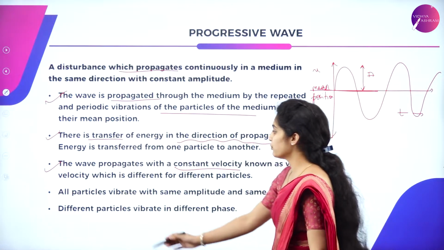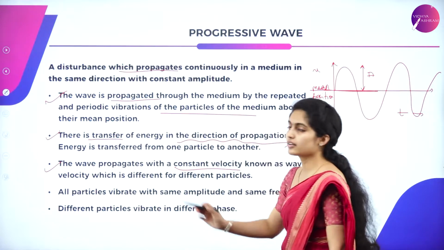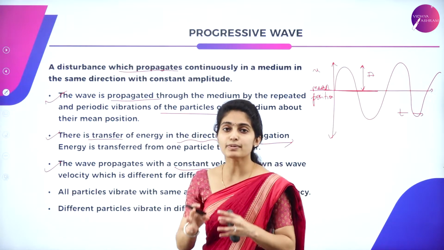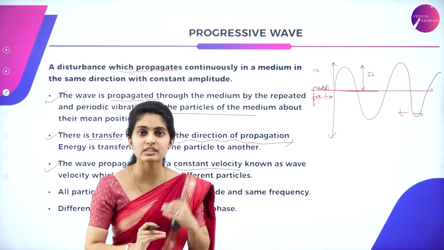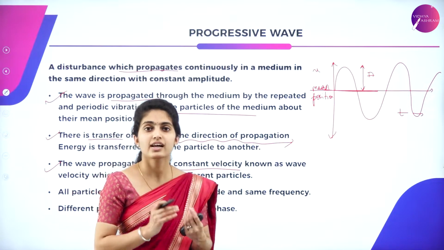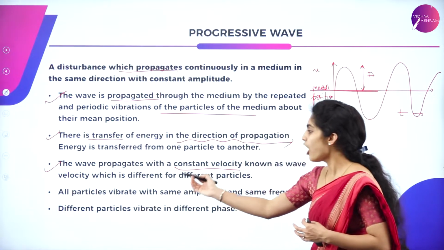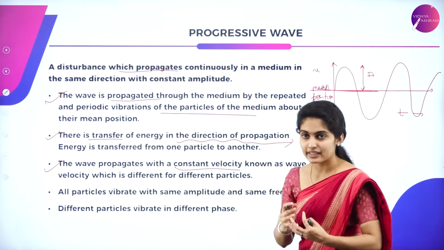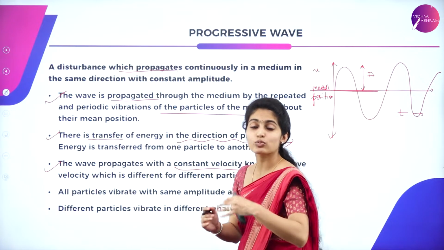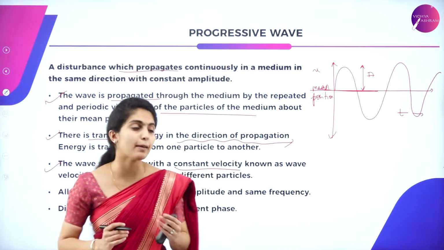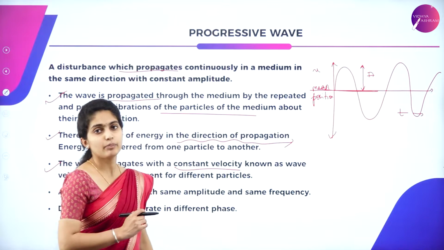Now let us go to the fourth one, that is, all particles. The particles present in the medium undergo this wave, that is, the disturbance, and it is said to be a progressive disturbance. So all particles vibrate. How do they vibrate? They vibrate with the same amplitude and same frequency.